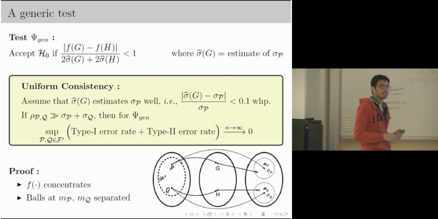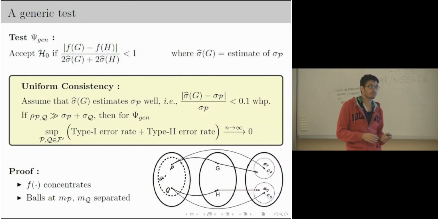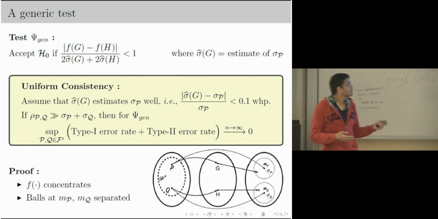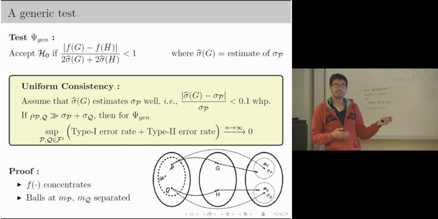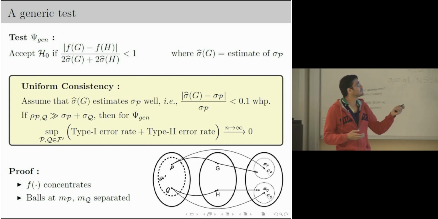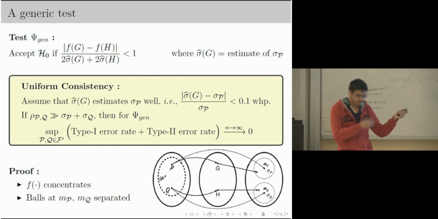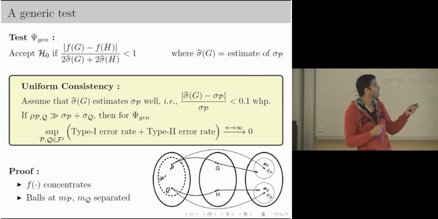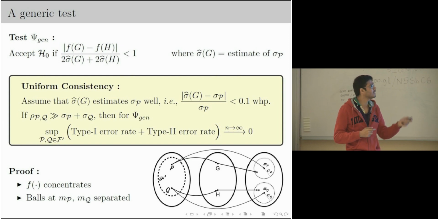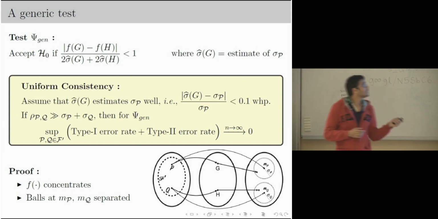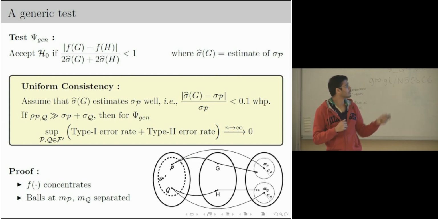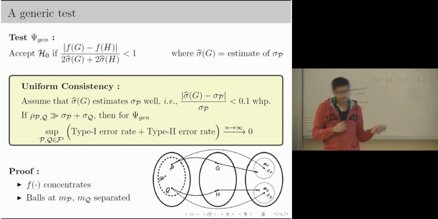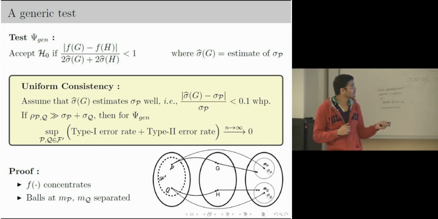But the interesting fact is that the moment you pose the problem in this way, there exists a very natural test which is even uniformly consistent. You just compute the distance between the two network function values computed on the two graphs and then test it with respect to some threshold. And one can show that this test is uniformly consistent.